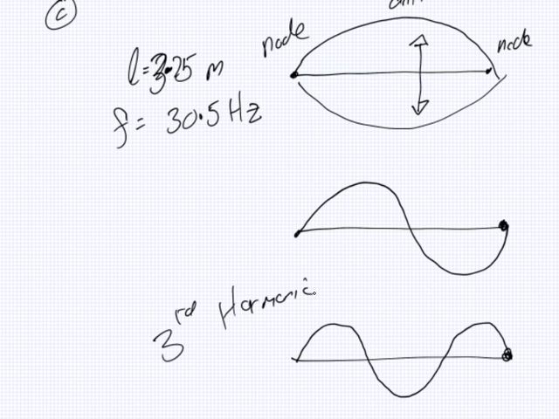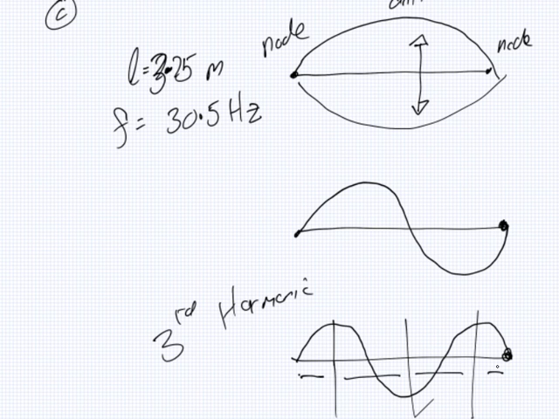Super. Determine the difference between antinodes. Well, there's an antinode, there's an antinode, there's an antinode. So this is a quarter of the wave, this is half a wave.